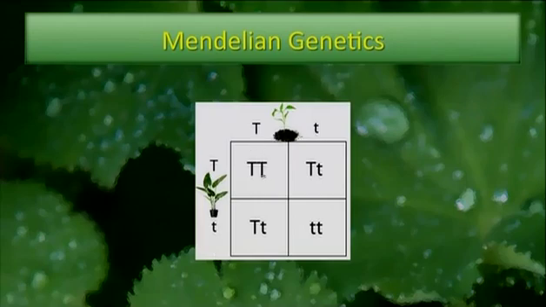You bring this one down, this one over, because by convention you put the capital letter first. This one down, this one over. It gives you a 1 to 2 to 1 genotypic ratio, but you get a 3 to 1 phenotypic ratio.